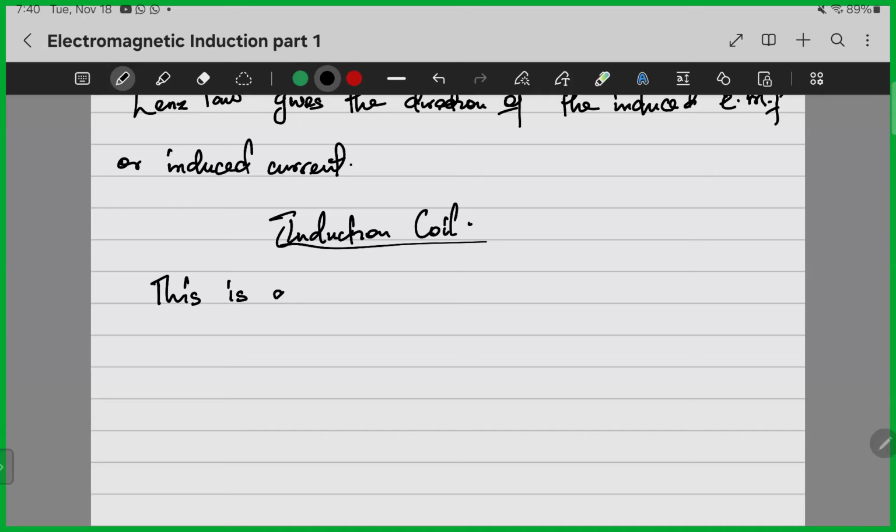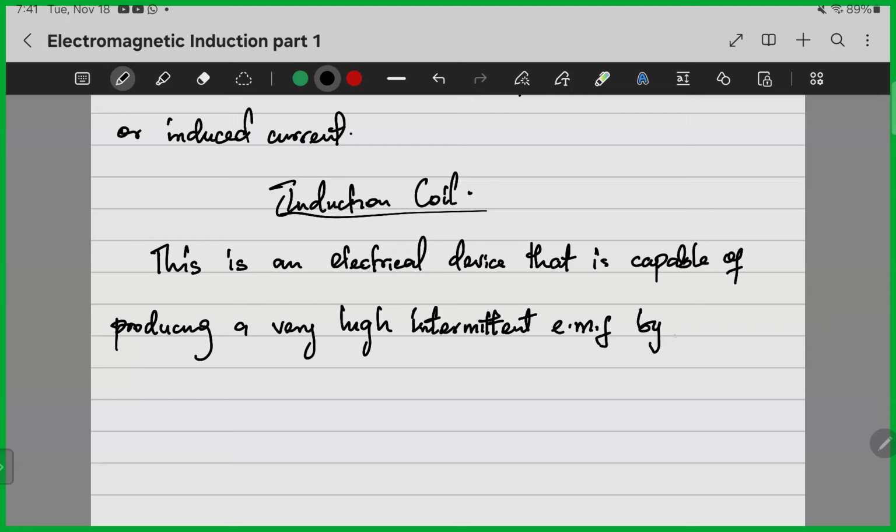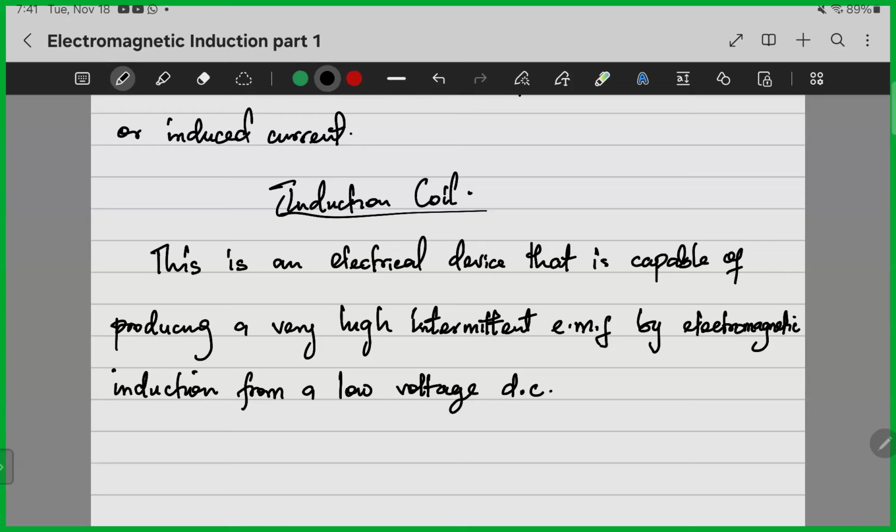This is an electrical device that is capable of producing a very high intermittent EMF by electromagnetic induction from a low voltage DC, a low voltage DC or low voltage direct current. Let's put that.